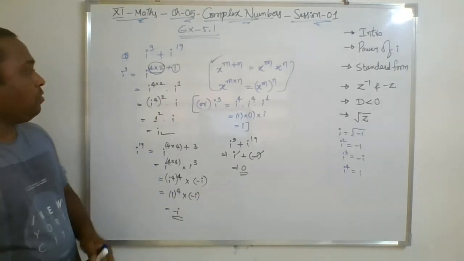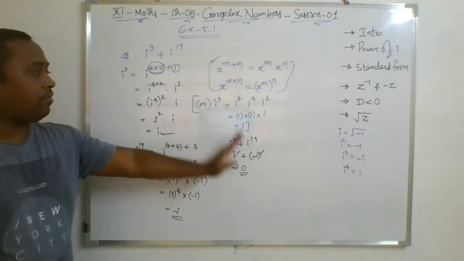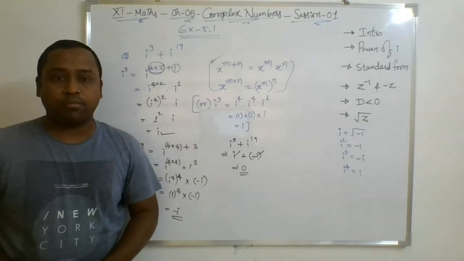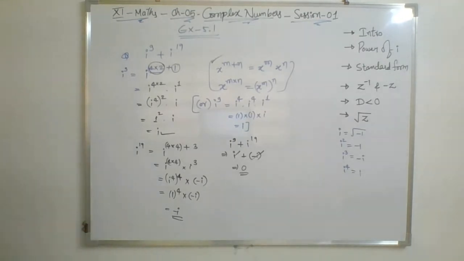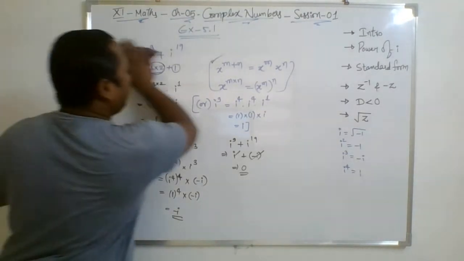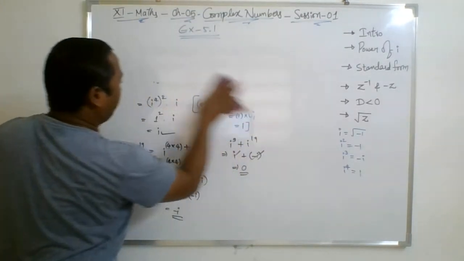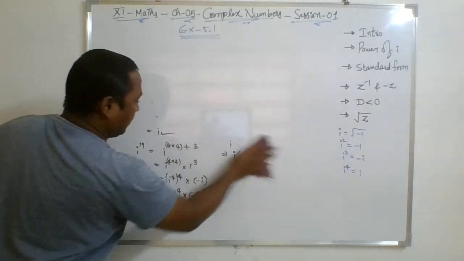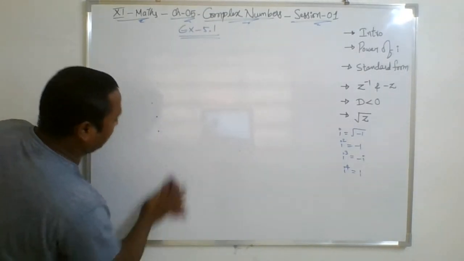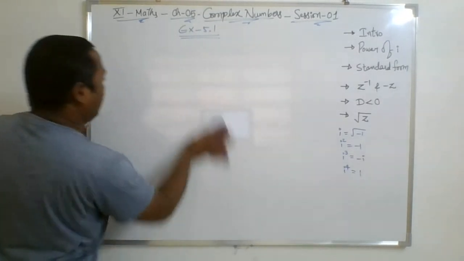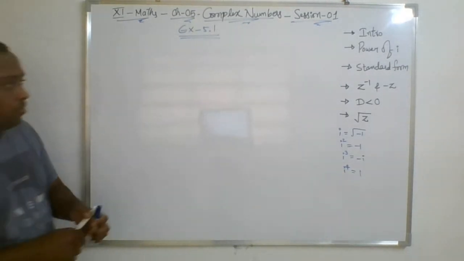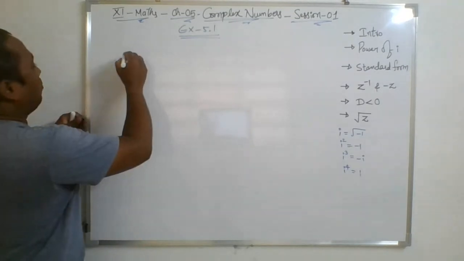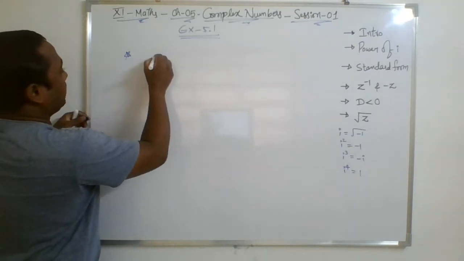Okay, so now in this way, we are also going to take some more sums where the power of I is negative.